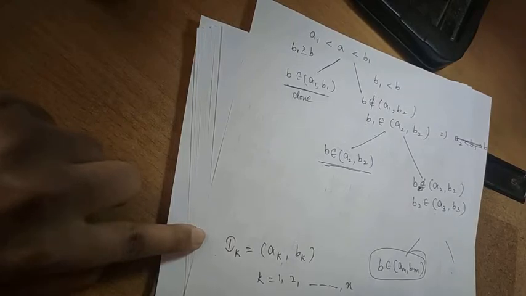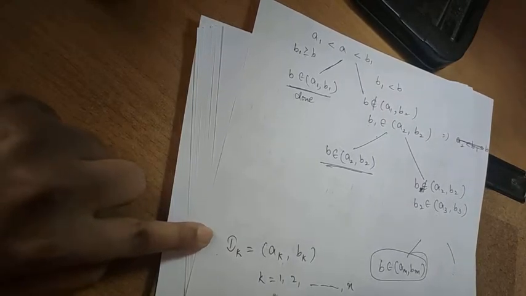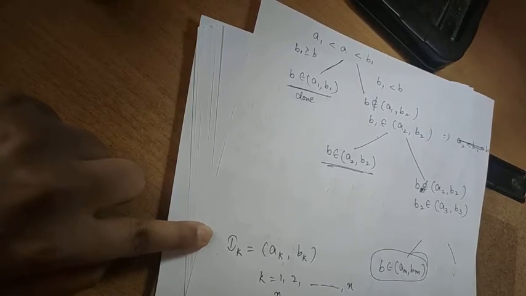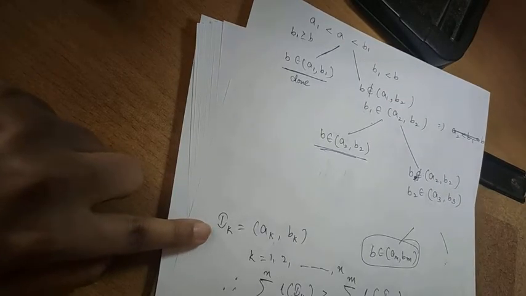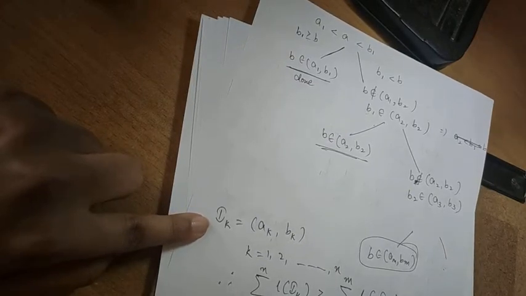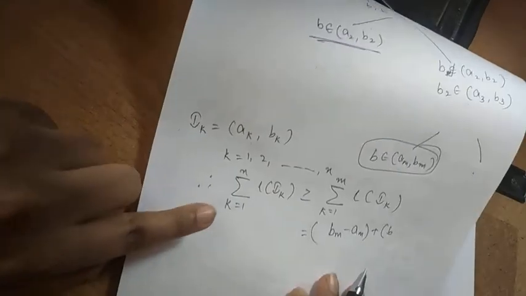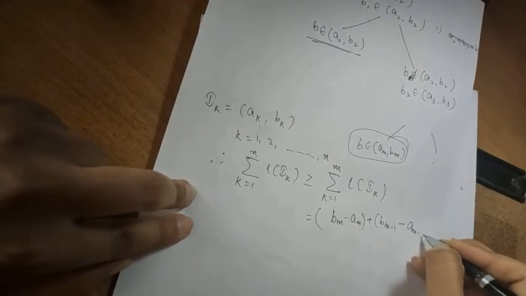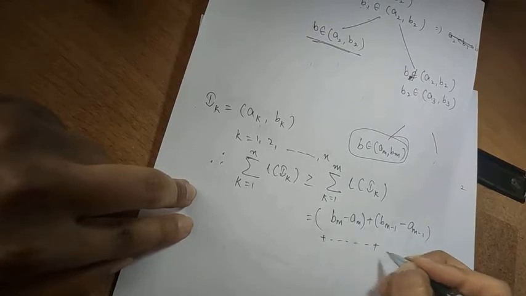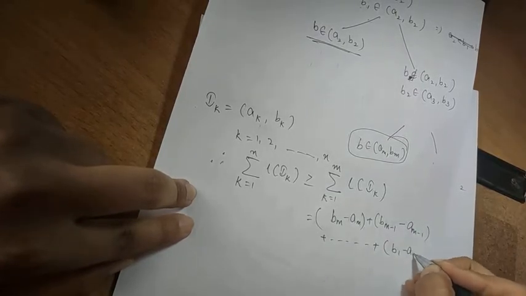Therefore, summation k is equal to 1 to n length of Ik is greater than or equal to summation k is equal to 1 to m length of Ik. So this is an overall finite collection, and this is the terminating point. If we expand the summation, what happens? bm minus am plus b(m minus 1) minus a(m minus 1) plus so on up to b1 minus a1.